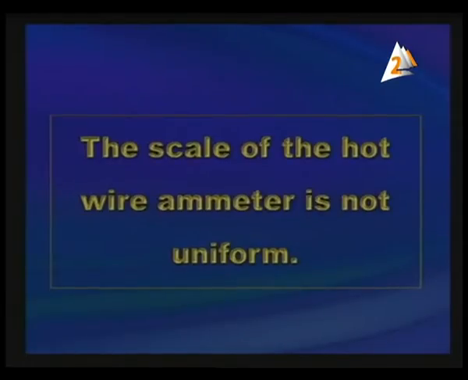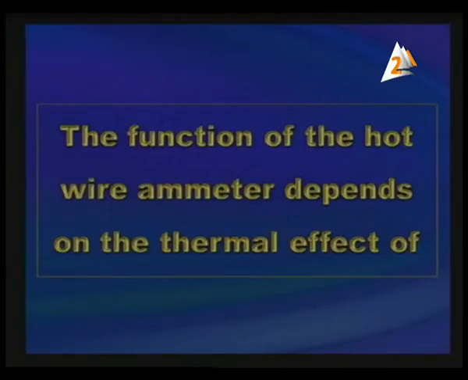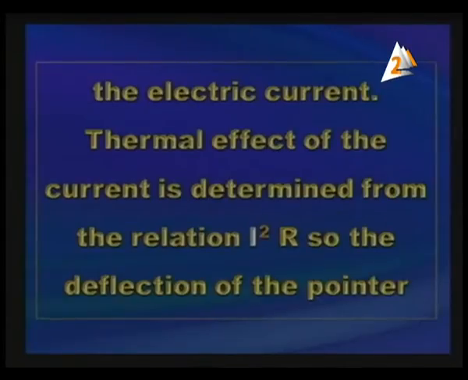Another give reason: the scale of the hot wire ammeter is not uniform. This is one of the most important give reasons here. The function of the hot wire ammeter depends on the thermal effect of the electric current.